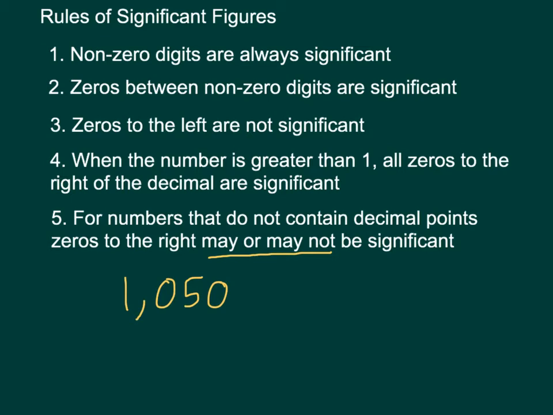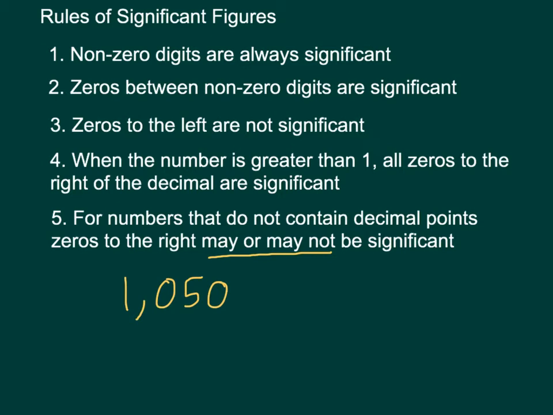It's not in scientific notation, so we can't look to see if it says 1.05 times 10 to the third or 1.050 times 10 to the third, both of which give us an idea as to what we're looking at for significant figures. So in this case, it might be 3, it might be 4, and you have to take a little bit of context with it.